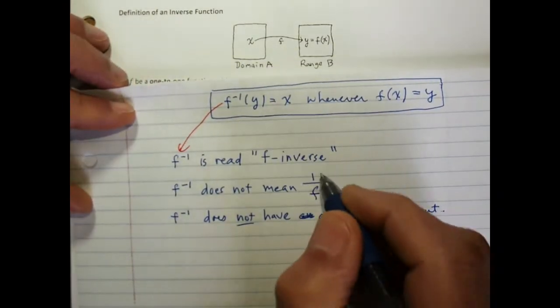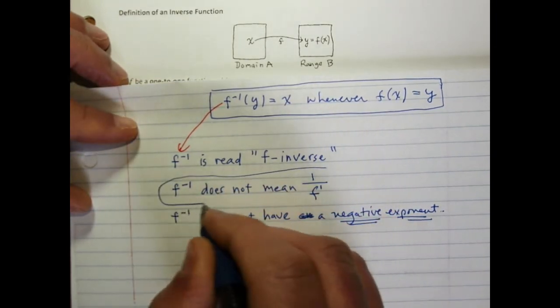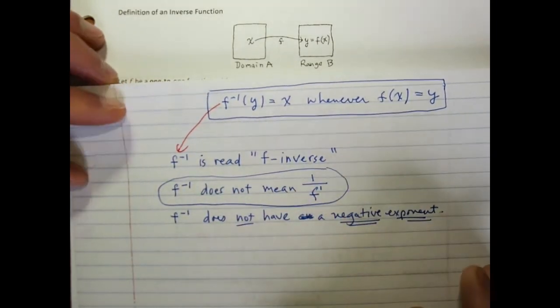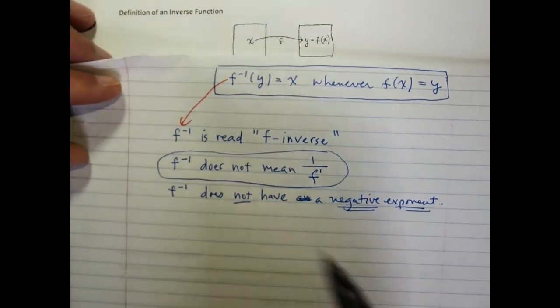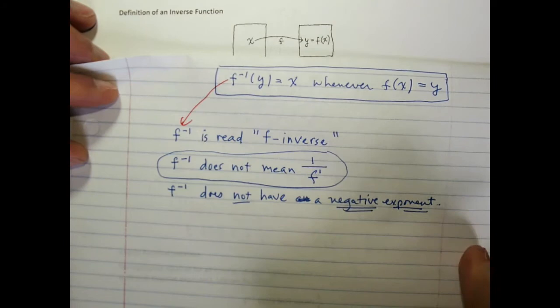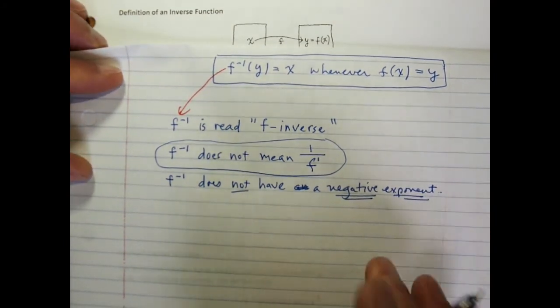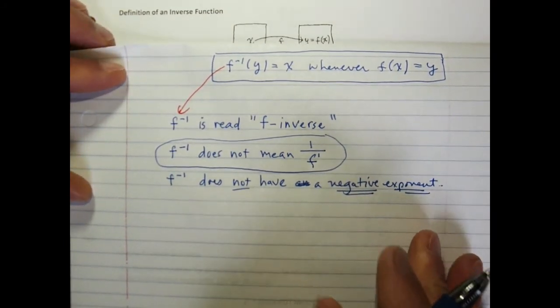So this is crucial that we learn that this does not mean 1 over a function. And we got to get used to the fact that the -1 is written for this inverse relationship.